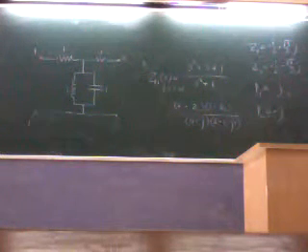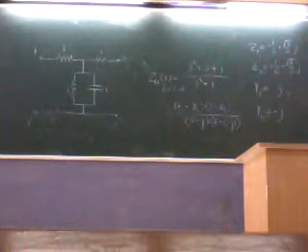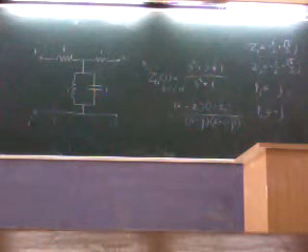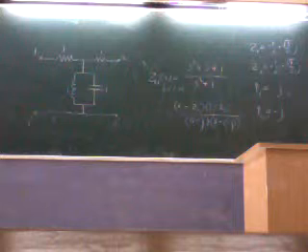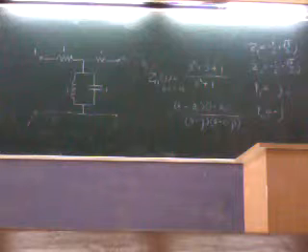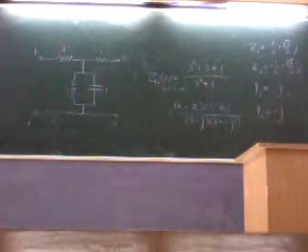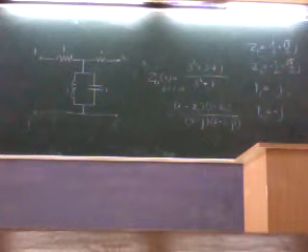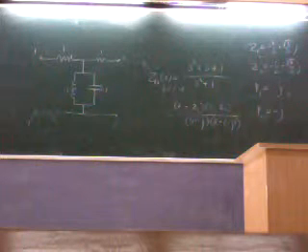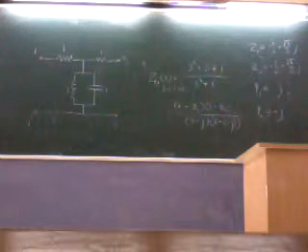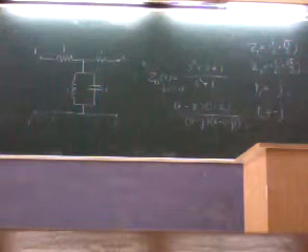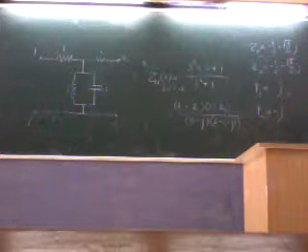Zeros of the function. I again repeat, zero of a function means if we apply an input, all these things are with an assumption that the input applied is of the type e raised to st. E raised to st is a two-dimensional quantity.